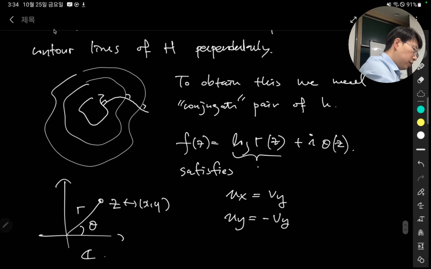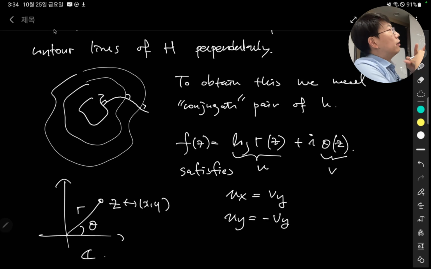I'm assuming that this is my u and this is my v. So u and v you can consider as a two-variable function again, simply identified as x comma y.